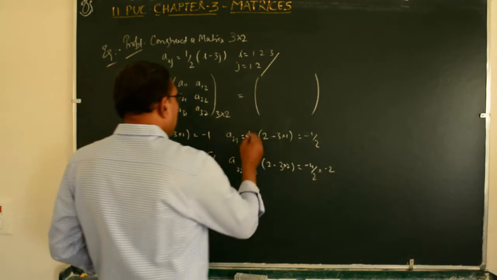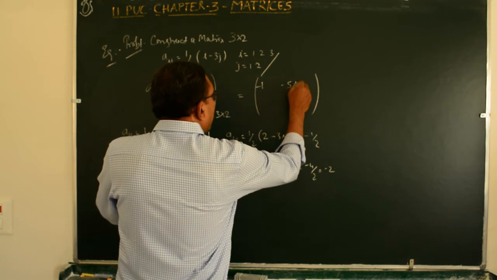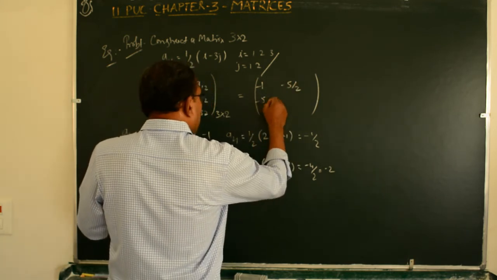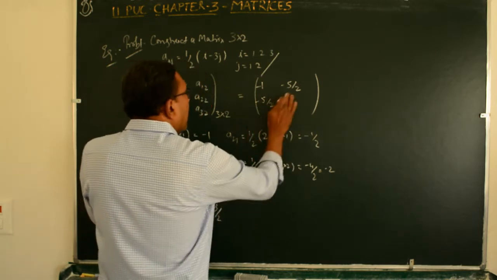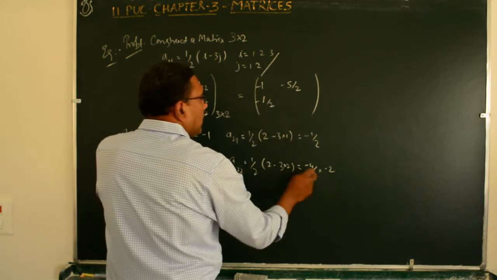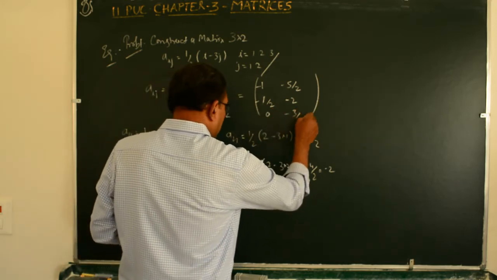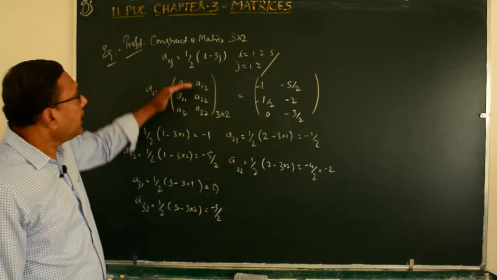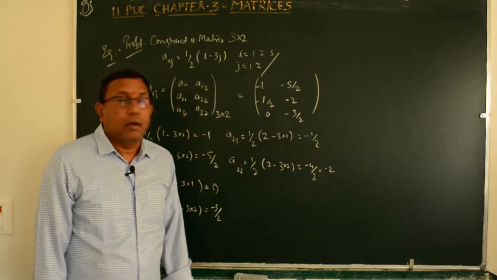The elements are minus 1, minus 5 by 2, minus half, minus 2, and 0, minus 3 by 2. So this is how we construct the matrix using a simple formula Aij equal to half into I minus 3j.